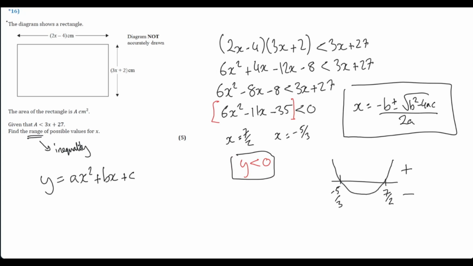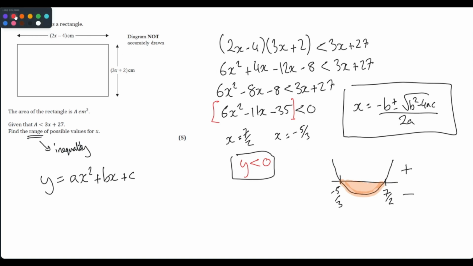So essentially, we're looking at the quadratic below the x-axis, which is this part. It will actually be this part of the curve that I want. If it was above, it would be this part and this part of the curve. But I'm only focusing on the bottom one because that's what I want.